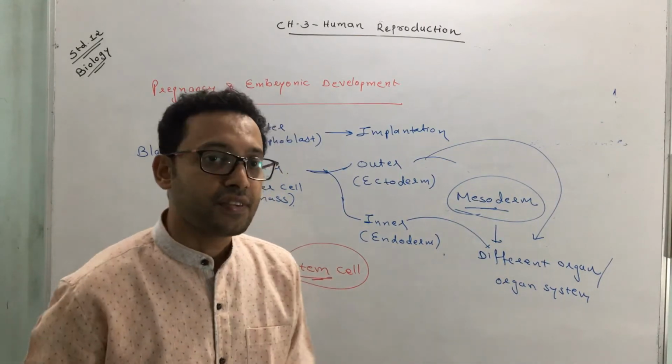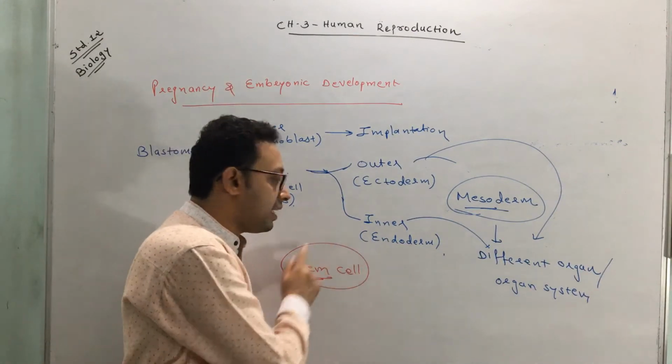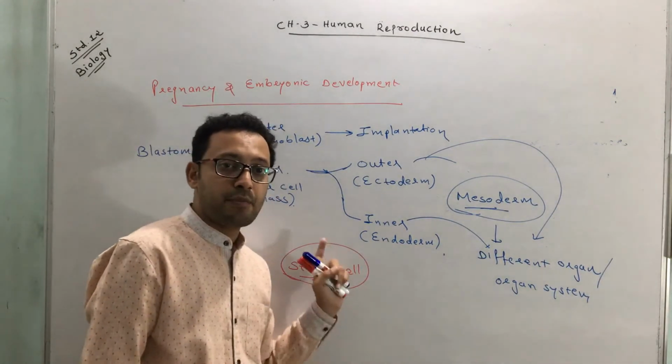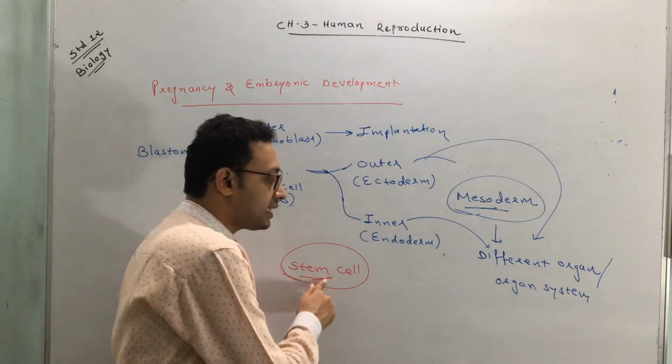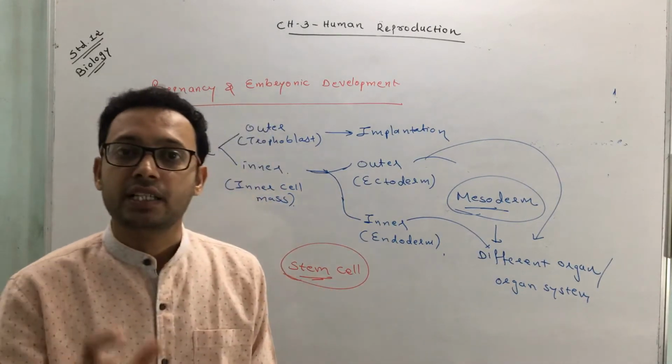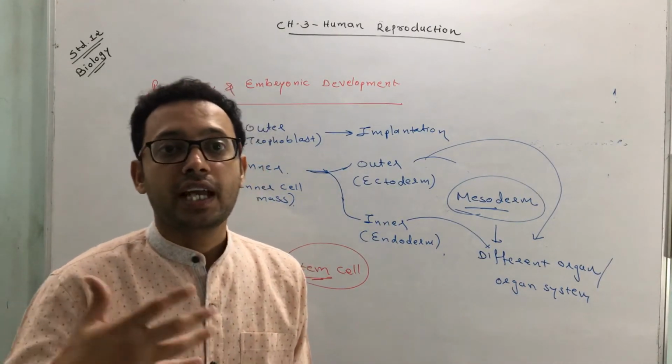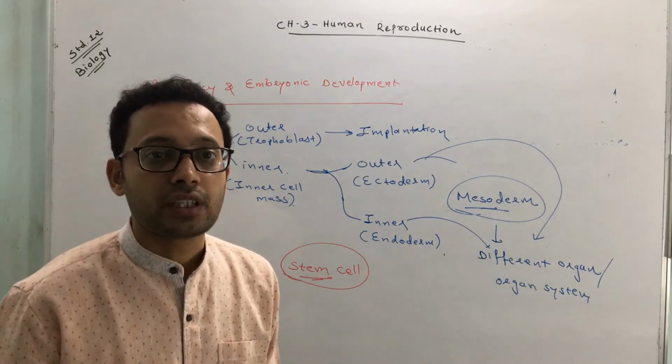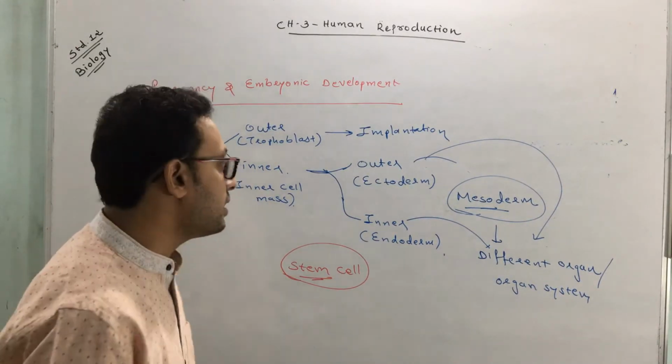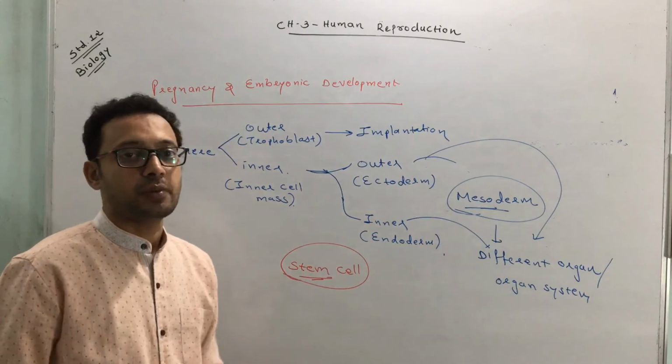So the inner cell mass possesses a special type of cell, what we call stem cells, and this stem cell has the capacity to produce any type of tissues and organs in our body, and thus embryonic development takes place.